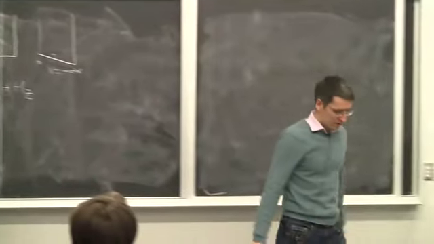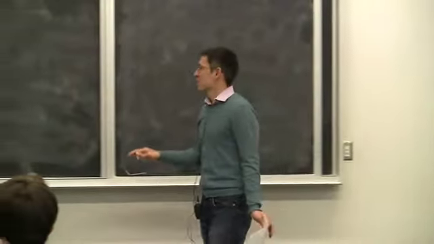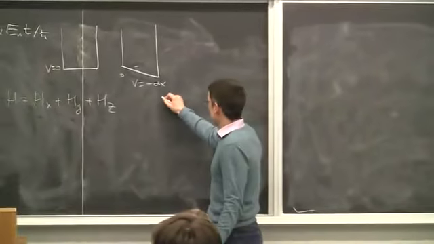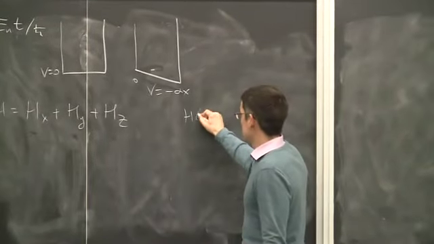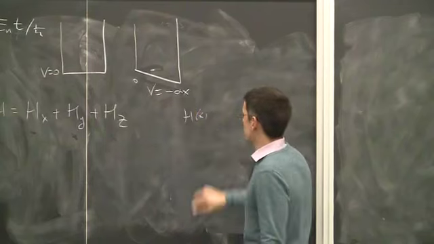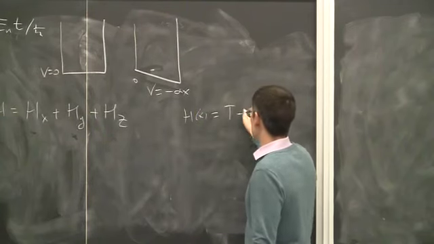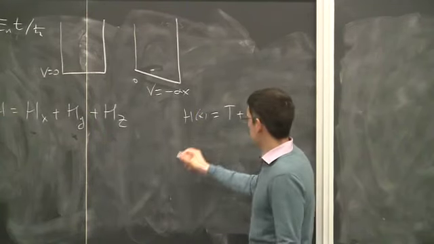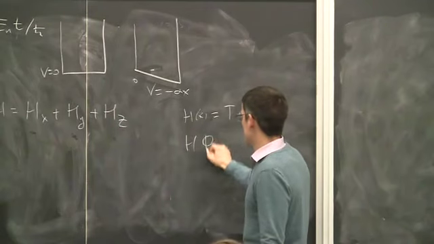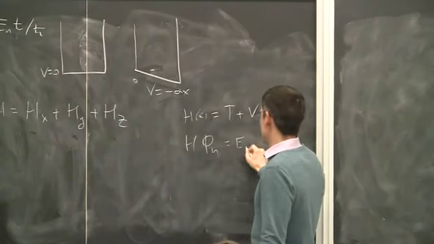Now, this is all intuitive consideration, and the question is, how do I solve even in 1D with this potential? The Hamiltonian would be kinetic energy plus potential energy as usual. How do I solve my time-independent Schrödinger equation?